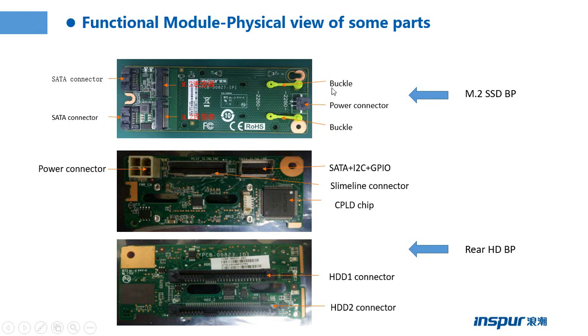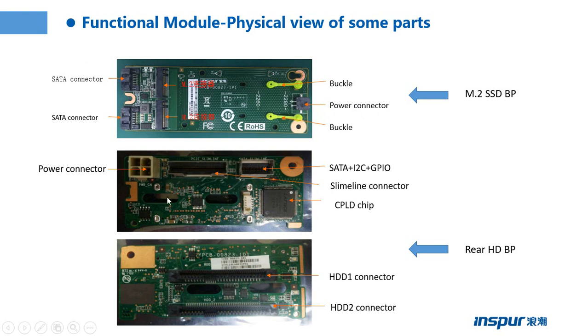The bucket: when we install the M.2 SSD, we need to lock the bucket to lock the M.2 SSD. The power connector needs to connect to the motherboard and supply power to the M.2 backplane.